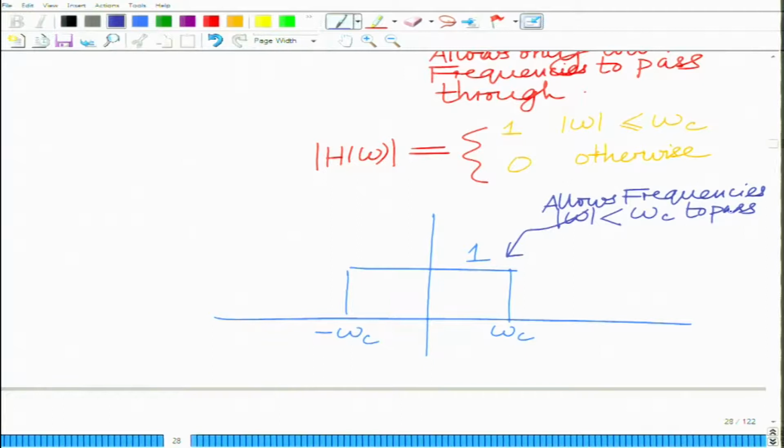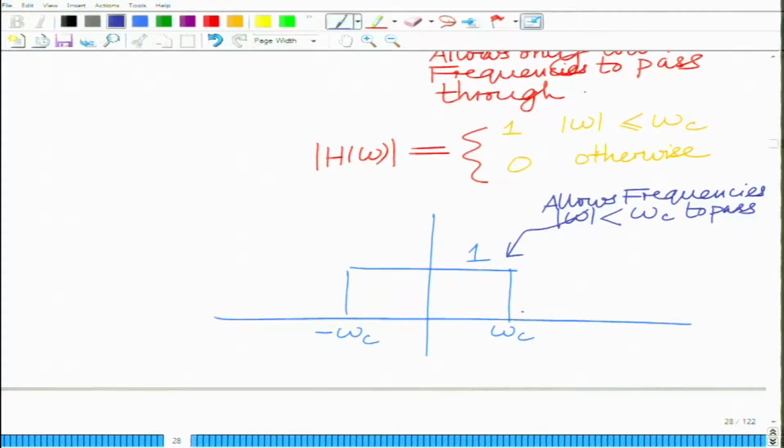Because in this band from minus omega c to omega c the frequency response is unity, when it is multiplied by the frequency response of the input, all the components in this band are multiplied by unity gain. Therefore, it allows these components to pass. But outside this band, that is frequencies less than minus omega c and greater than omega c, the gain is 0, which means the input frequencies are completely blocked.